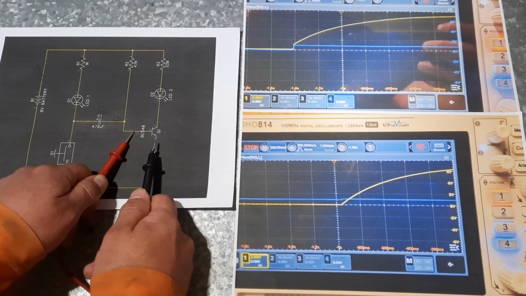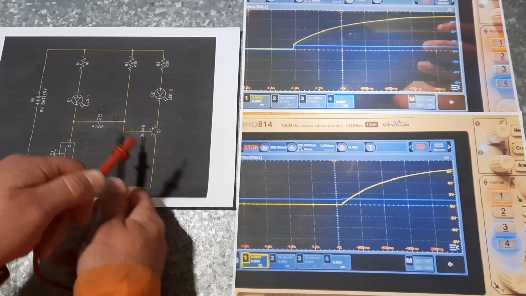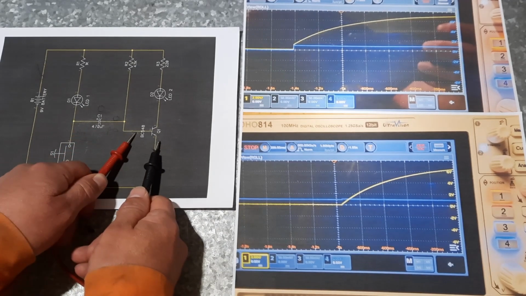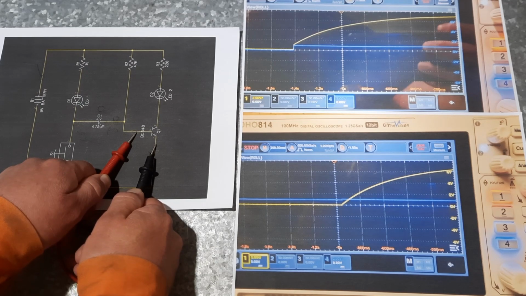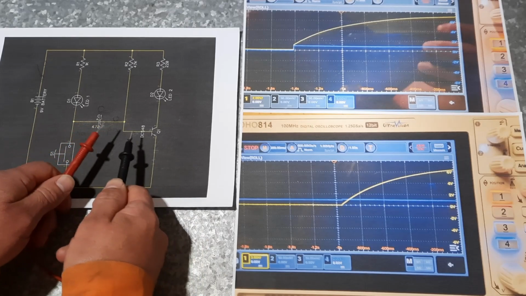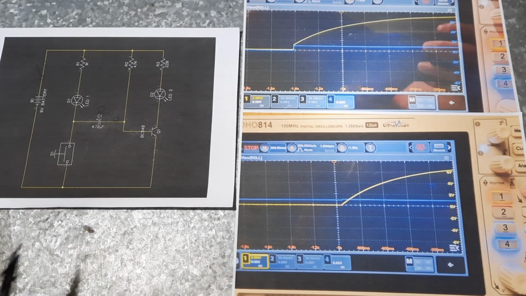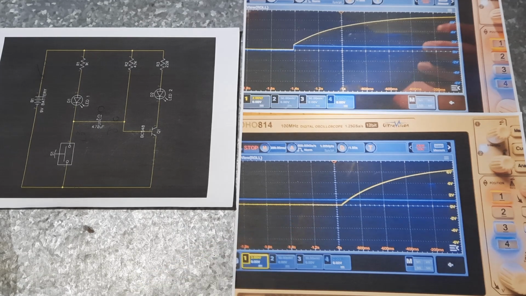If we measure from here to here, see how I've got the leads orientated? I haven't changed them. We get a positive 0.7 or 0.8. So the two need to be added to each other, and when they're added, they equal 0, which is exactly where this is sitting.